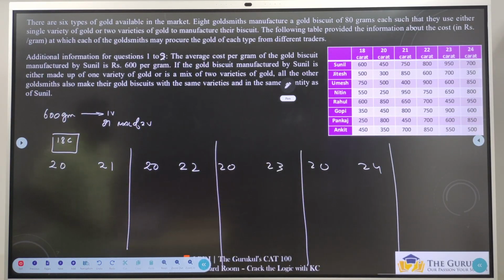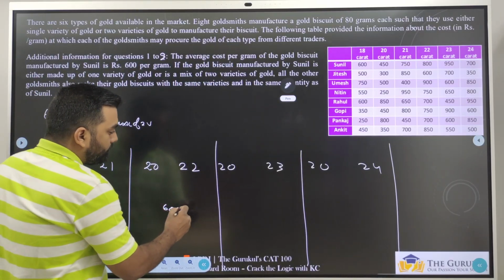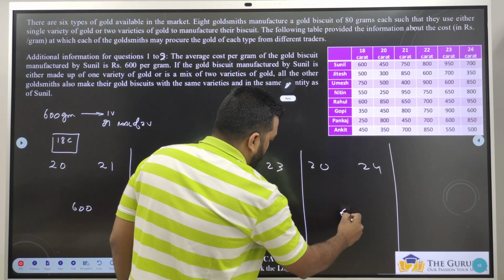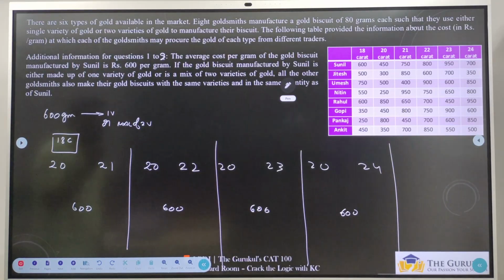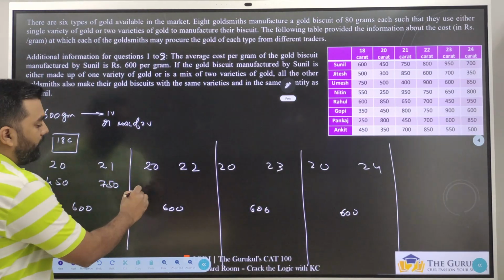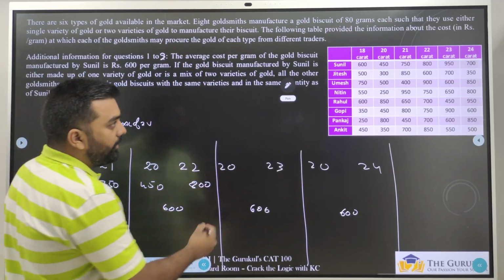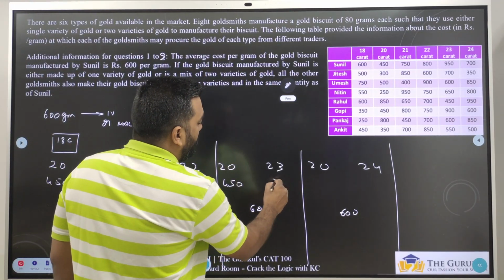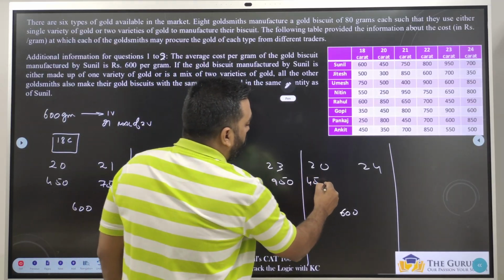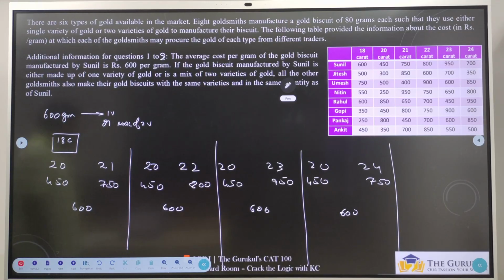These are the only mixings which can happen. Perfect. Now the resultant should always be 600 only. Very good. Now if he is mixing 20 and 21, so 450 and 750 should give me 600, and 450 and 800 should give me 600, and 450 and 950. These are the maximum possibilities.